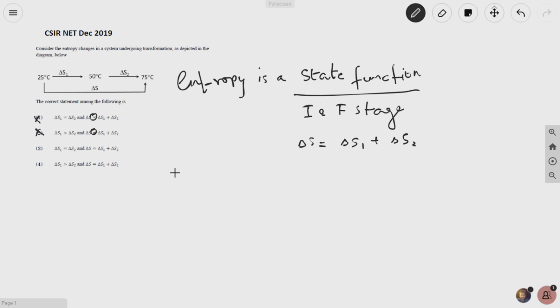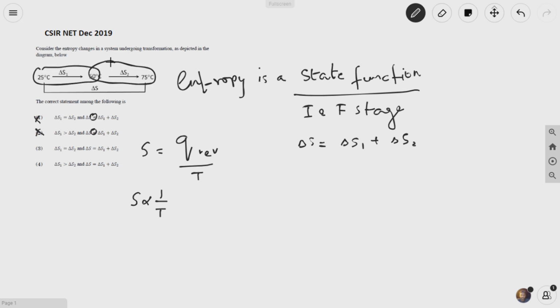Then we know that entropy S is given by Q reversible by T. In other words, your S is inversely proportional to temperature. Now look into the process: step 1 takes place at a lower temperature, whereas step 2 takes place at a higher temperature.